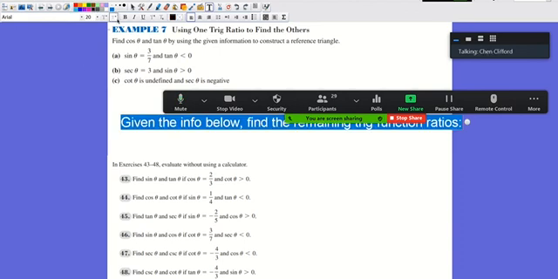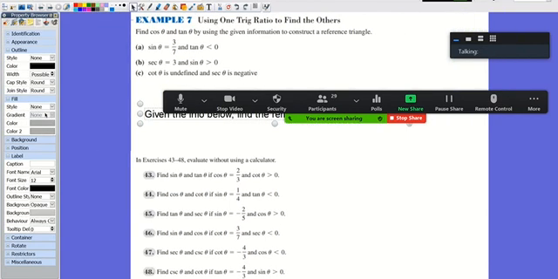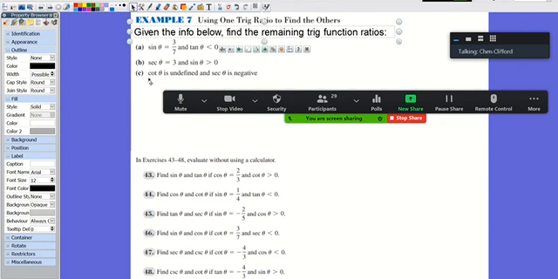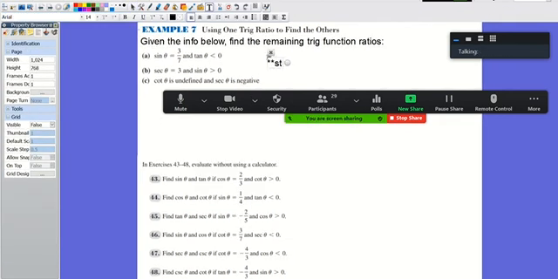Okay, shrink that, fill, like that. Okay, so we're going to start by drawing an angle in standard position.